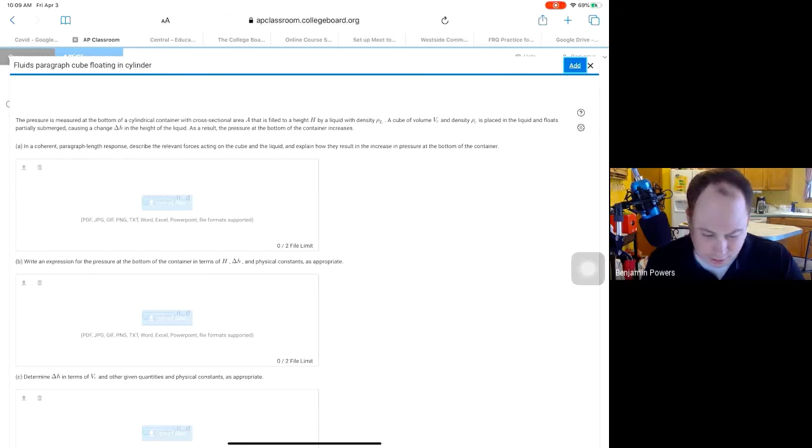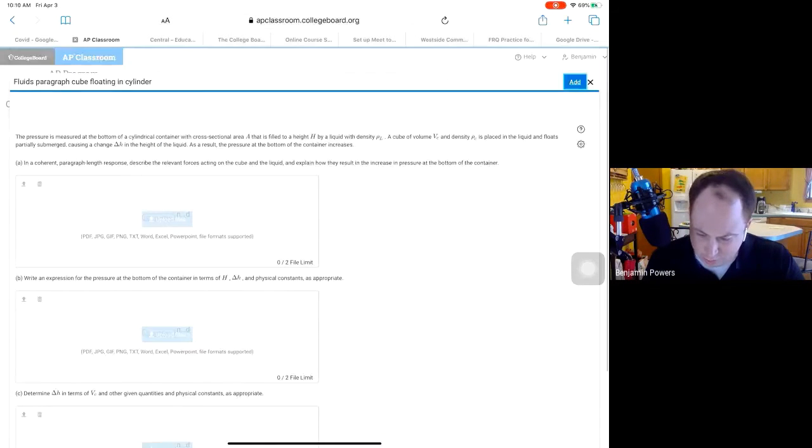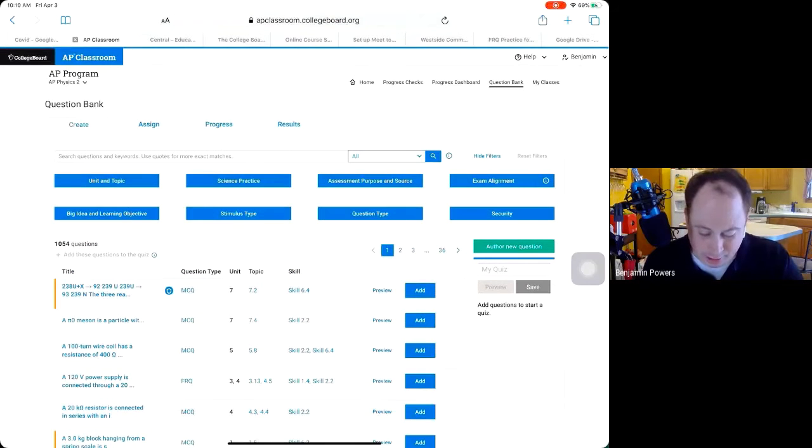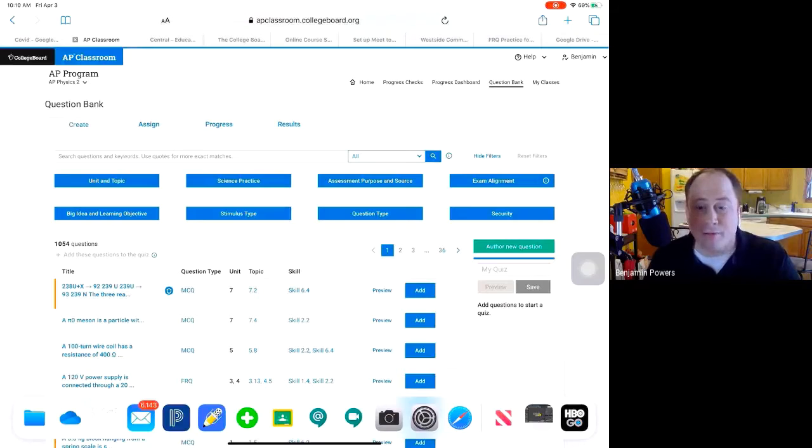So it's not letting me show you the rubric. Well, I can't show you the rubric, so I'll just tell you that it was worth like 5 points. You get 1 point for explaining that idea in a clear, coherent paragraph. You get 1 point for correctly identifying the forces on the cube as gravity and buoyancy.